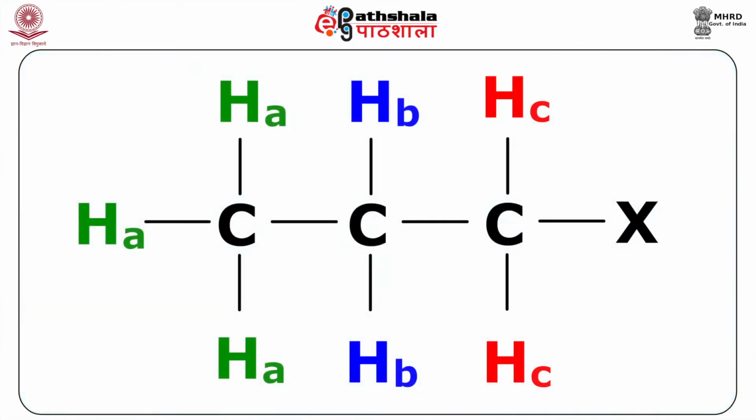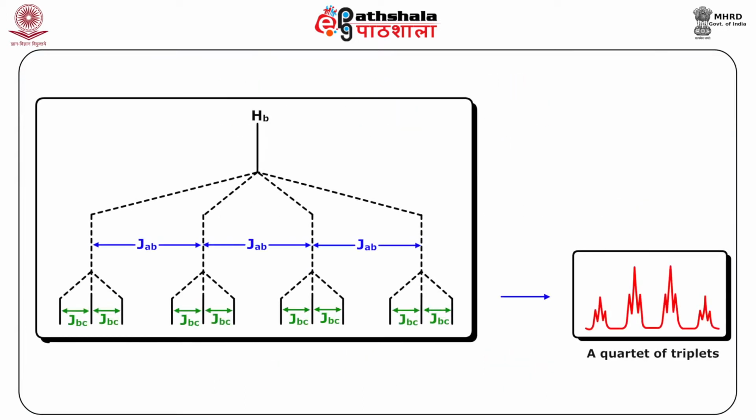Now let us see this following compound, which is a good example of complex splitting. You can see this in the figure. Now we have the chemical shift of Hc hydrogens in the most downfield region, and it shows a triplet due to coupling, and its coupling constant will be JBC with 2 equivalent protons, that is Hb.